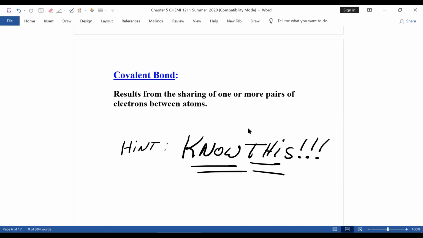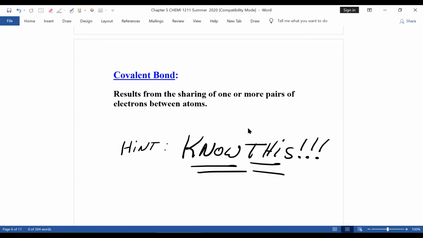You should know for test 2, what is a covalent bond? It results from the sharing of one or more pairs of electrons between atoms. Remember, a pair means 2. So you have pairs of electrons being shared.